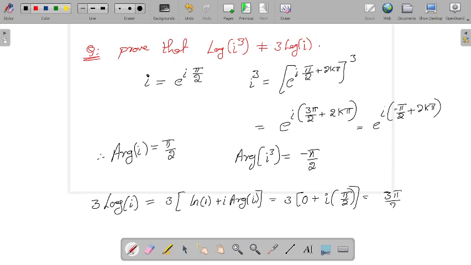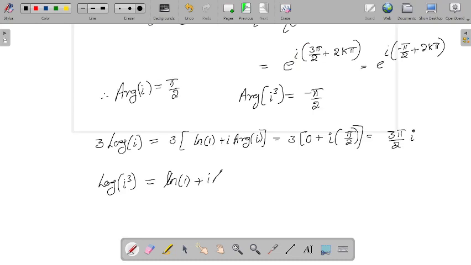Now let me see what is log of i power 3. Which is ln of absolute value of this, which is 1, plus i times the argument of i cube.